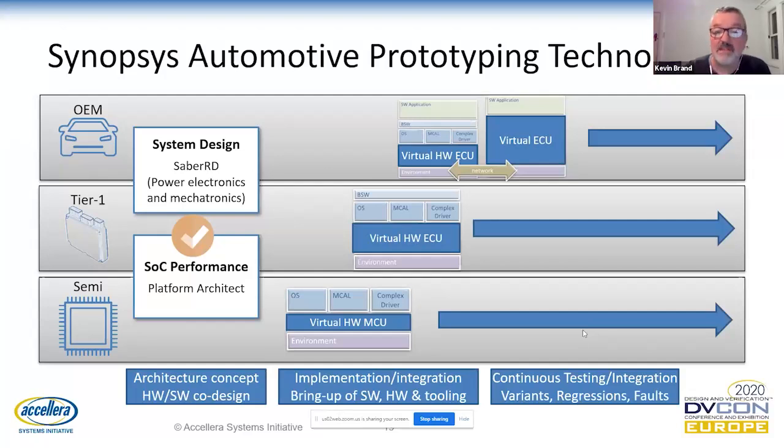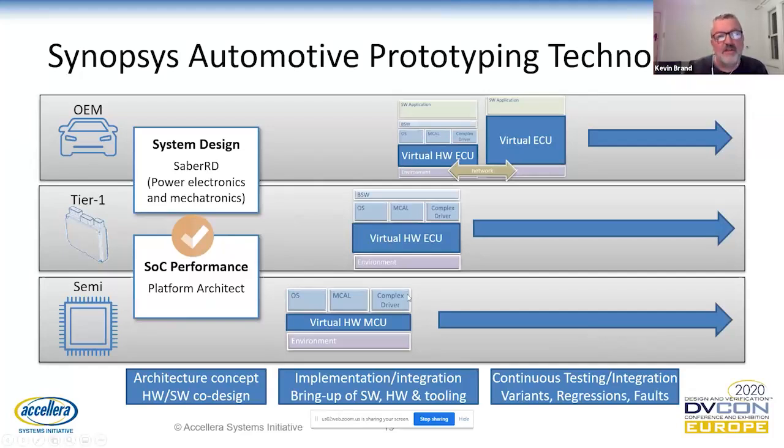These span from fast abstract modeling for system requirements analysis, but you can also model in high fidelity for use cases of, say, electrical efficiency, optimization, and transient analysis, through the technique of detailed electrical simulation, so analog simulation as well. So you're spanning quite a number of use cases there.